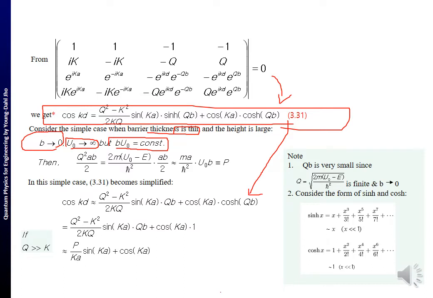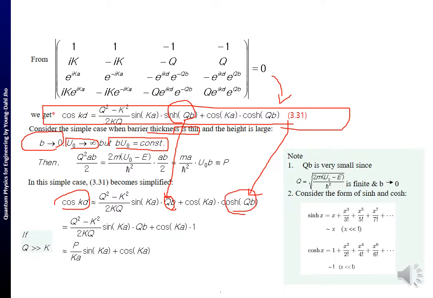Cosine KD on the left, and (Q square minus K square) over 2KQ, sine KA, and sine hyperbolic QB now becomes QB, and cosine KA, then cosine hyperbolic QB is here.